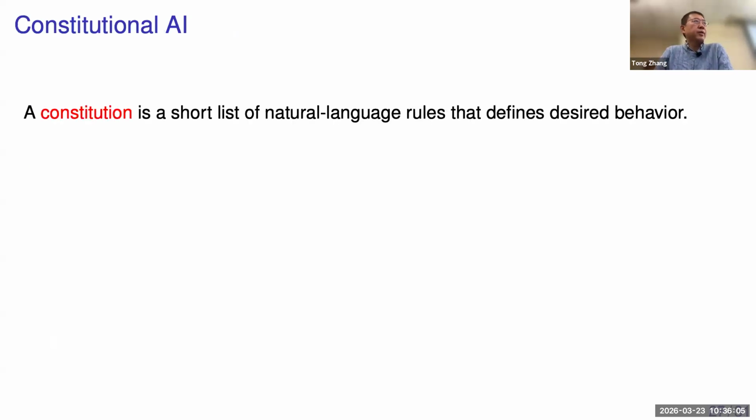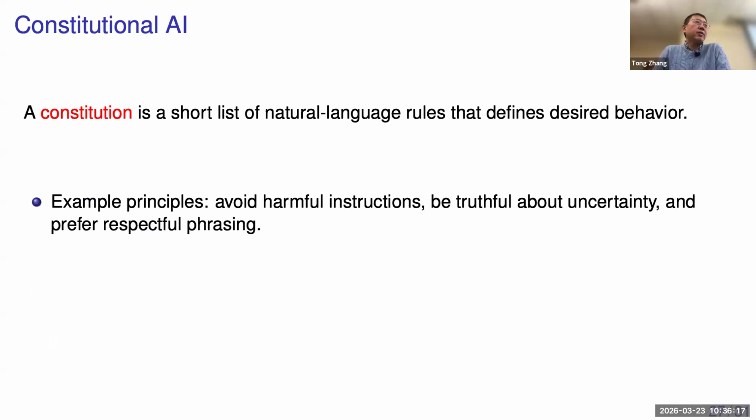What they call constitutional AI. The constitution is a short list of natural language rules that define desired behavior. That's basically their setting. Nowadays, people use this idea actually, but they don't call it constitutional AI anymore. Somehow it's called rubrics for reasoning-based rewards. You give some guiding principles to the LLM, and let the LLM generate a reward decision on whether it aligns with this principle.